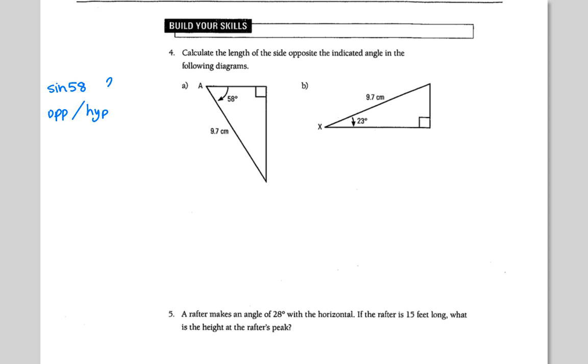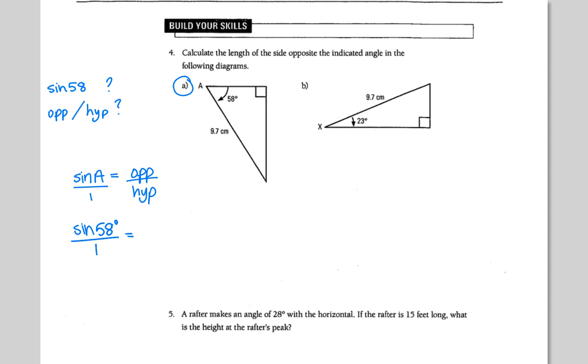So this is what we need to find out for question A. The formula that we're using says sine A equals, and I'll put a 1 here, op divided by hype. So sine 58 degrees over 1 equals op over hype.